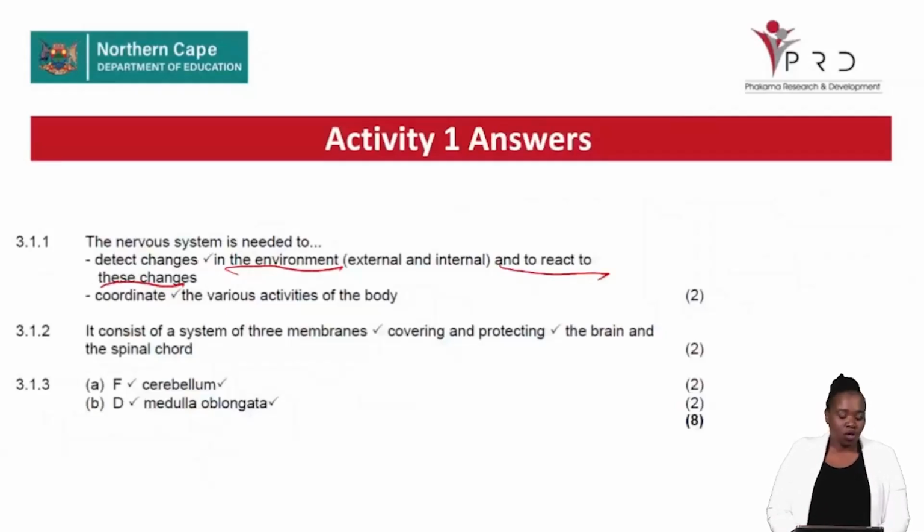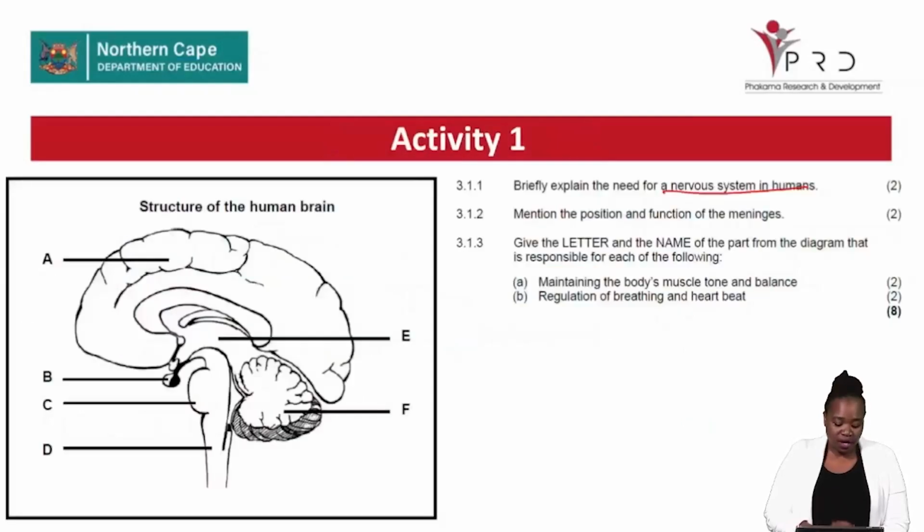So it reacts to those changes. And then secondly, it coordinates the various activities in the body. So coordination and controlling of the changes that are taking place in the external environment are the main functions of the human nervous system.